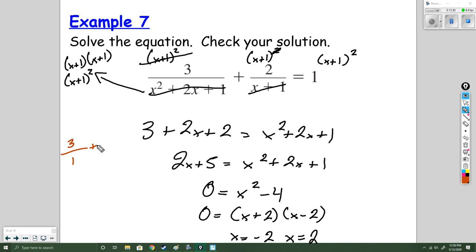And then in the second fraction, 2 over negative 1. We're checking out, does that equal 1? Well, that's 3 minus 2, and that does equal 1, so that does work.